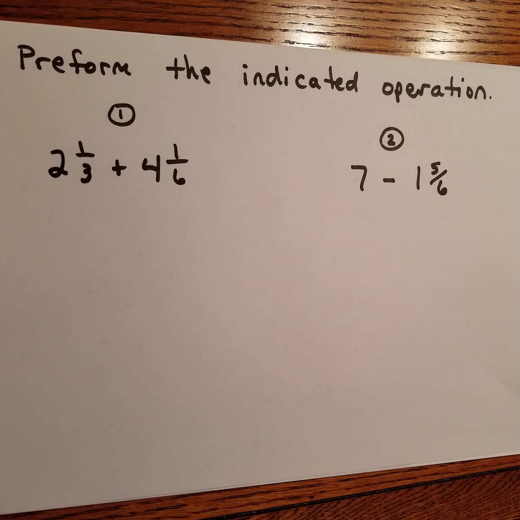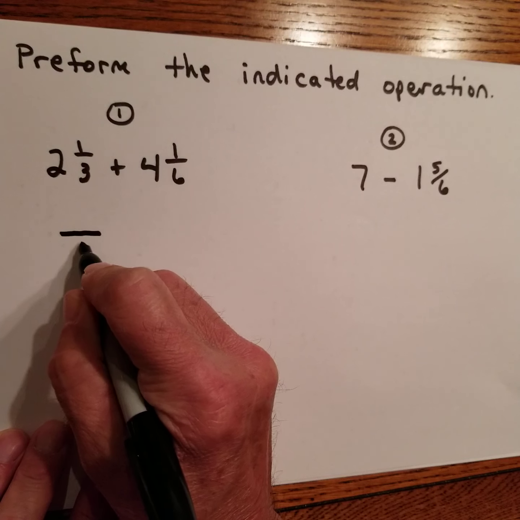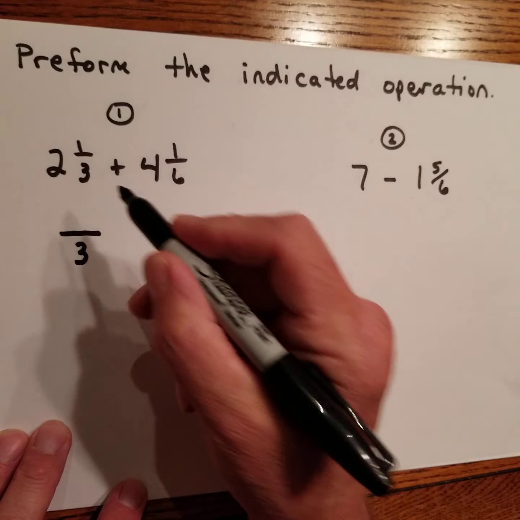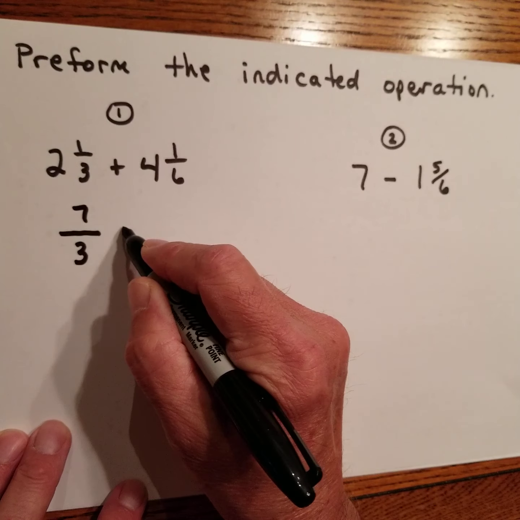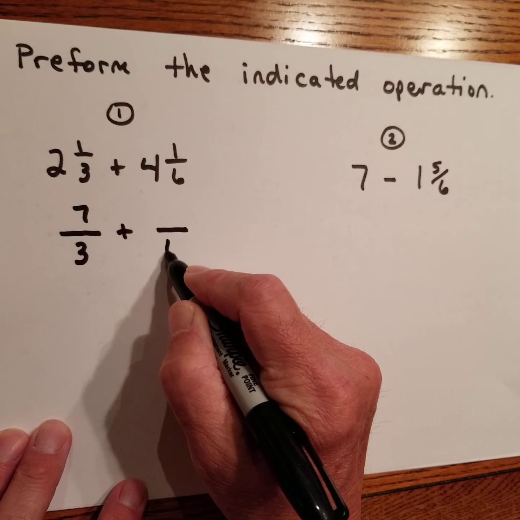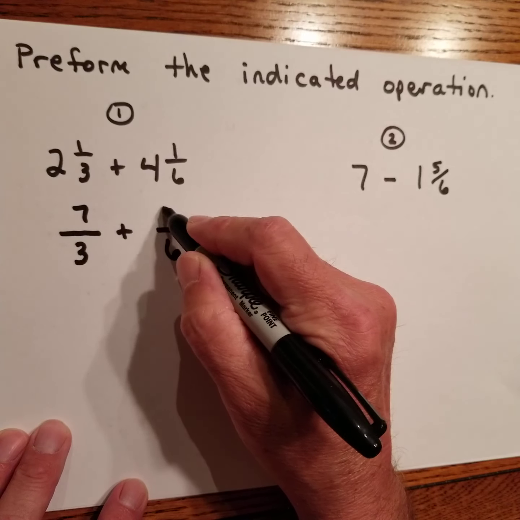In this video, we'll continue practicing our fraction problems. In number 1, we're adding mixed numbers. Let's start by changing them into improper fractions. That's 2 times 3 plus 1. And 4 times 6 plus 1.